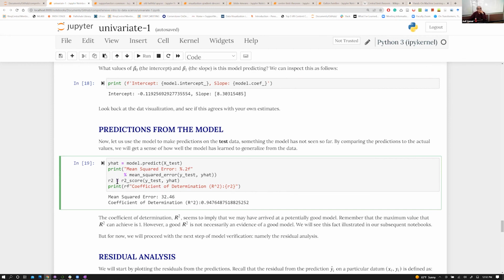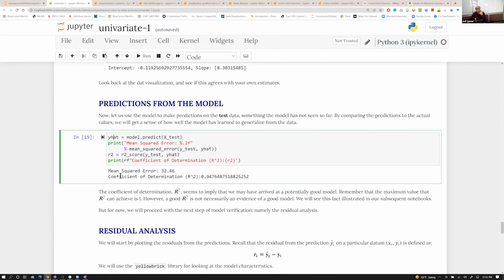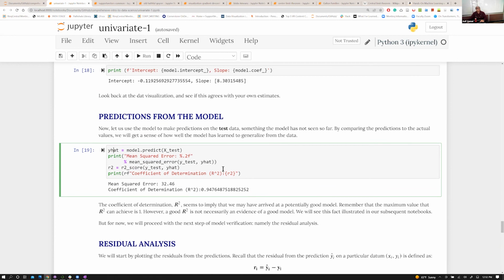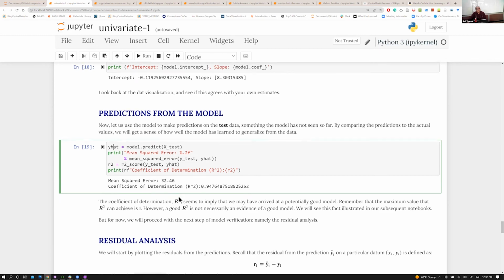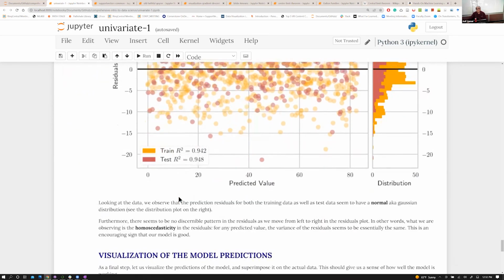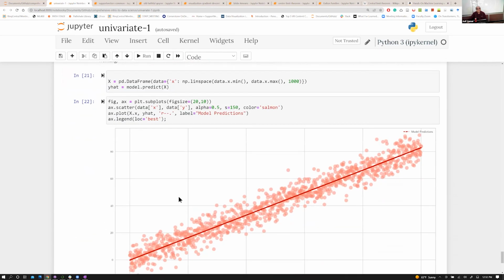The rest of this I won't cover today, because now the question is, well, you made a prediction, but how good are the predictions? What are the ways to tell if the predictions are good? That brings us to the topic of residual analysis, and this concept called the coefficient of determination, and so on and so forth. So these are the things we will deal with later.